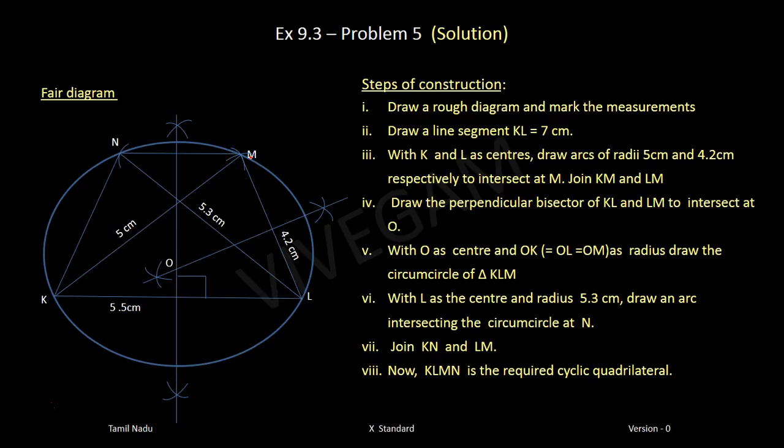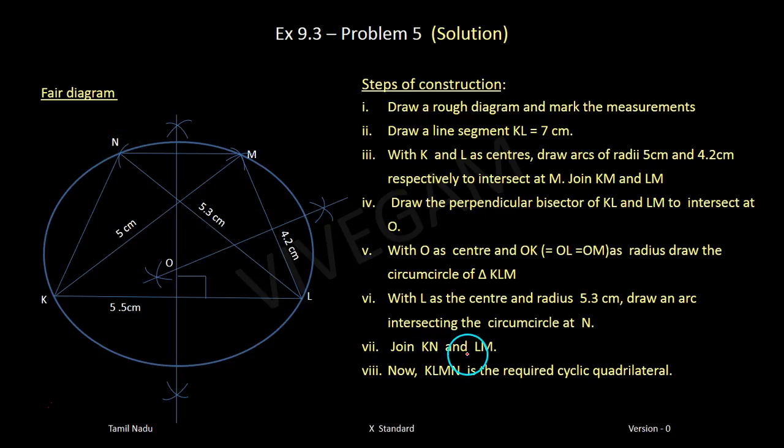Now we need to find the fourth point N. It is on the circle because it's a cyclic quadrilateral, and we know LN is the given measurement. So with L as a center and radius 5.3 centimeters, draw an arc intersecting the circumcircle at N.